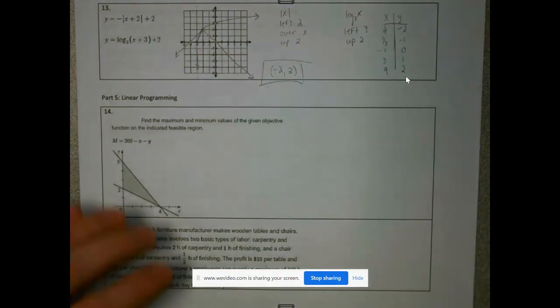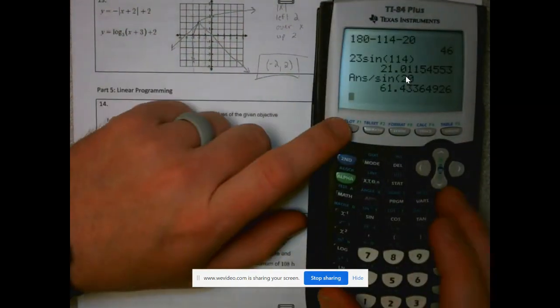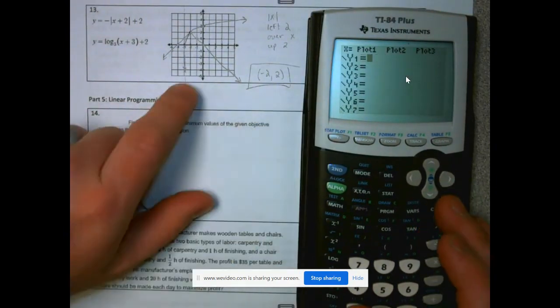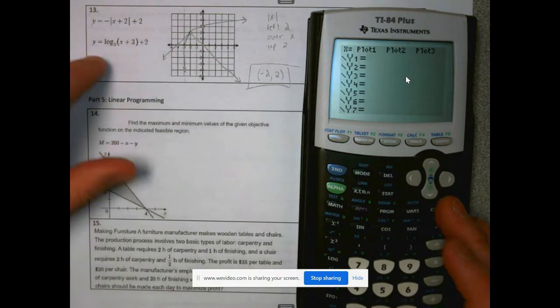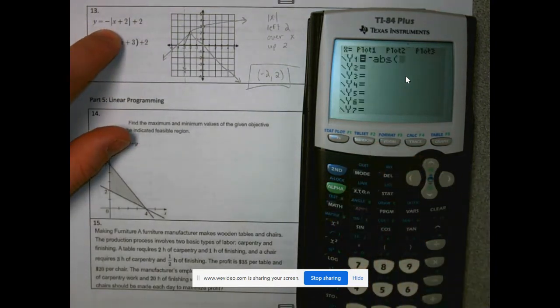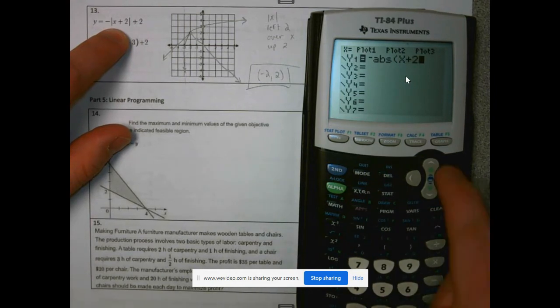You can definitely check this on a graphing calculator, but make sure that we see work on your page on how you graphed it. So that's negative absolute value of x plus 2 plus 2.